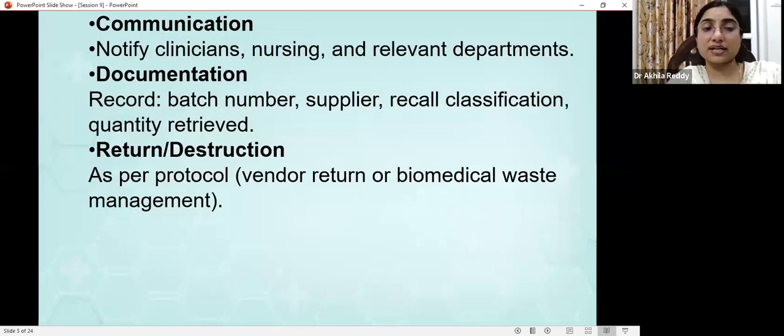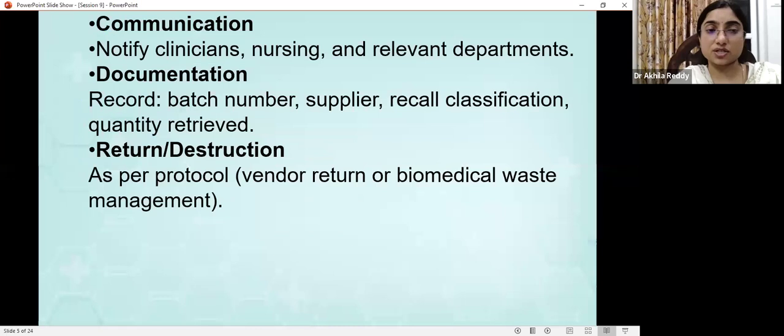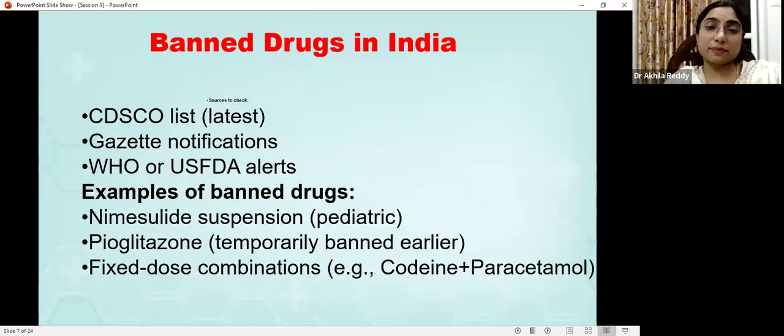This is done by all the departments and communicated to healthcare professionals apart from the clinicians. The auditor has a role in this recall and should check the completeness of recall, the timeline documents, physical segregation and traceability, and validate closure reports signed by the quality department and the pharmacy head.